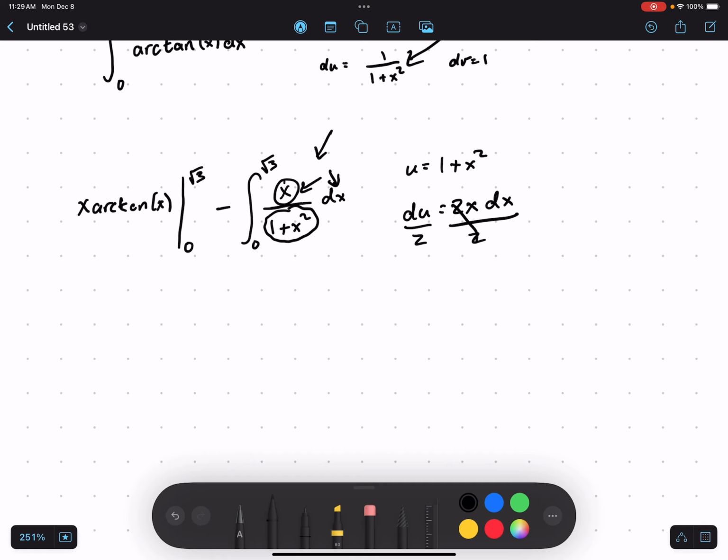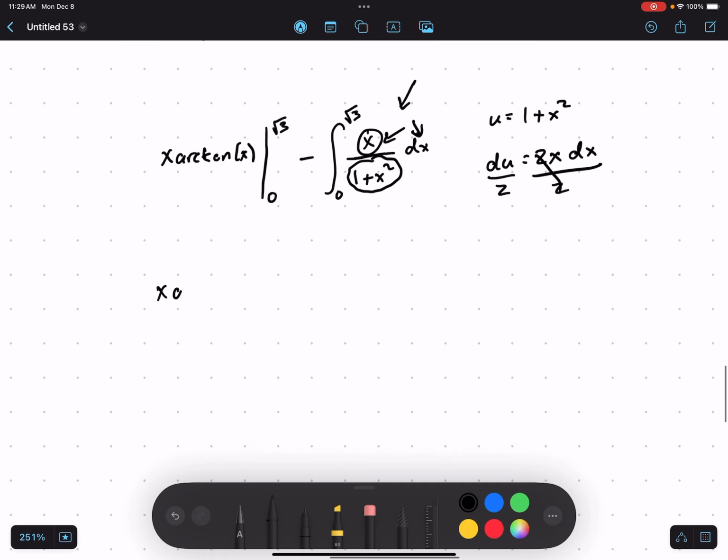So we'll move the 2 over there, rewrite the whole thing, x arctan of x from 0 to square root of 3 minus 1/2, that takes care of this du part, the integral from actually not 0.